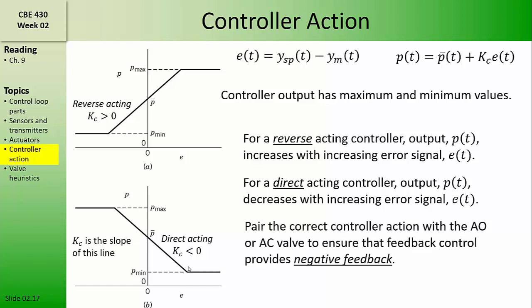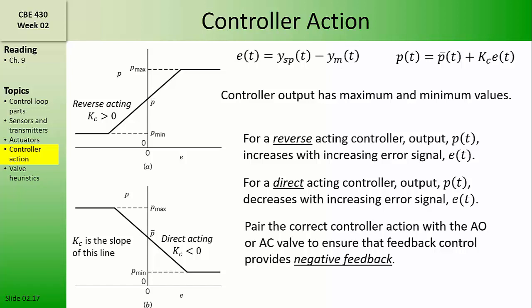It's important to pair the correct controller action with air to open or air to close valves to ensure that feedback control loops always provide what's called negative feedback. We want the controller to provide negative feedback so that the controller counteracts the behavior of the measured value of the controlled variable.